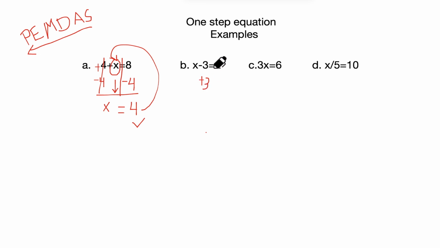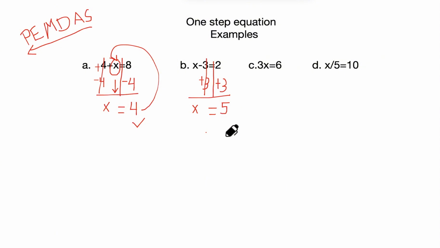Remember that plus 3, one has to go before the equal sign and one after the equal sign, on both sides. Okay, draw the line, drop your x. Minus 3 and plus 3 cancel, and we're left with x equals 5.